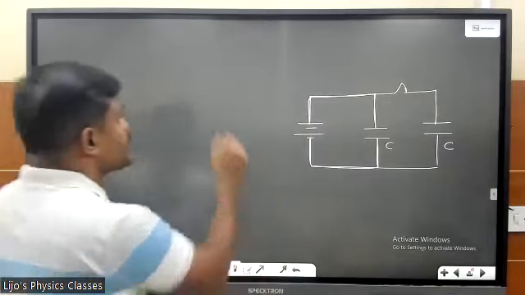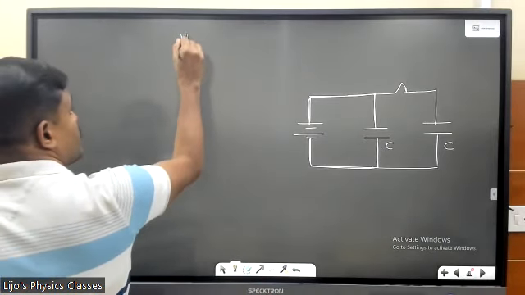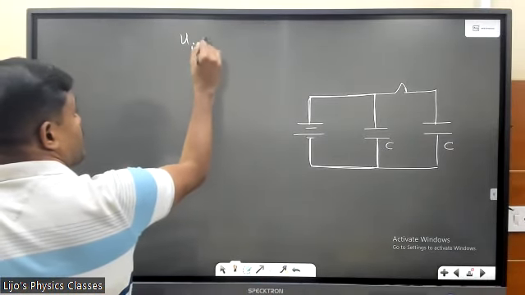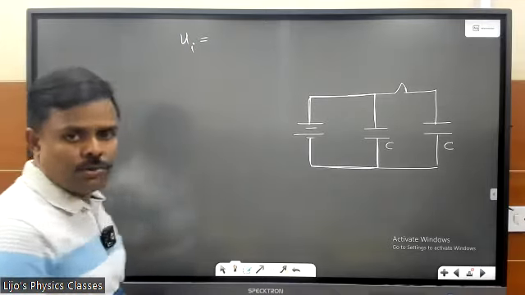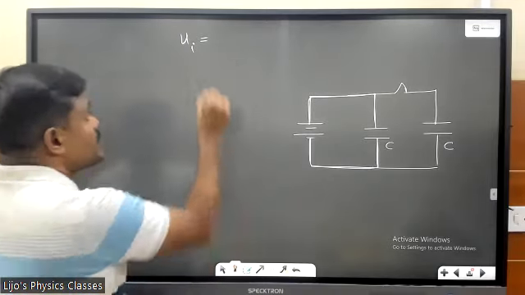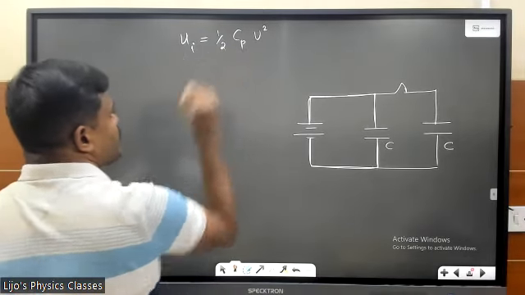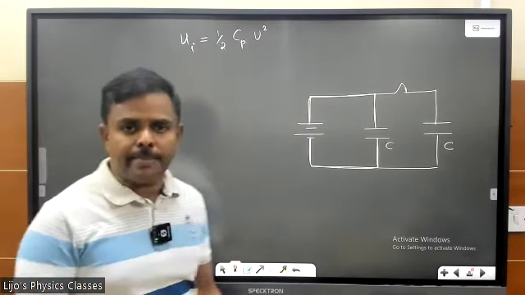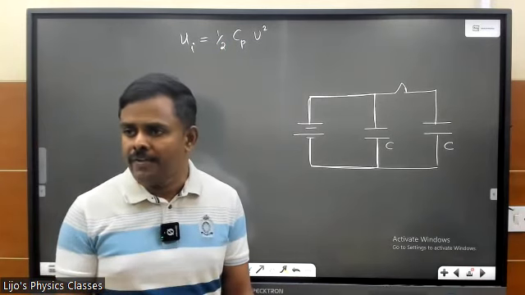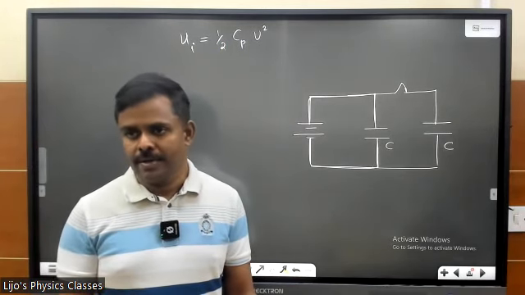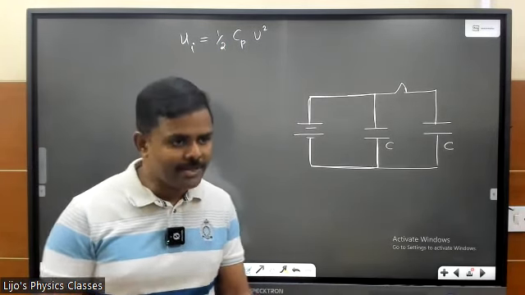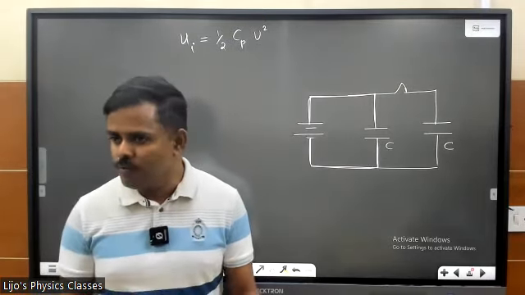So let us find the energy. Write the equation for energy. What is the equation for the energy in the first configuration? Ui is equal to half Cp V square. Energy stored in a capacitor is given by half CV square.